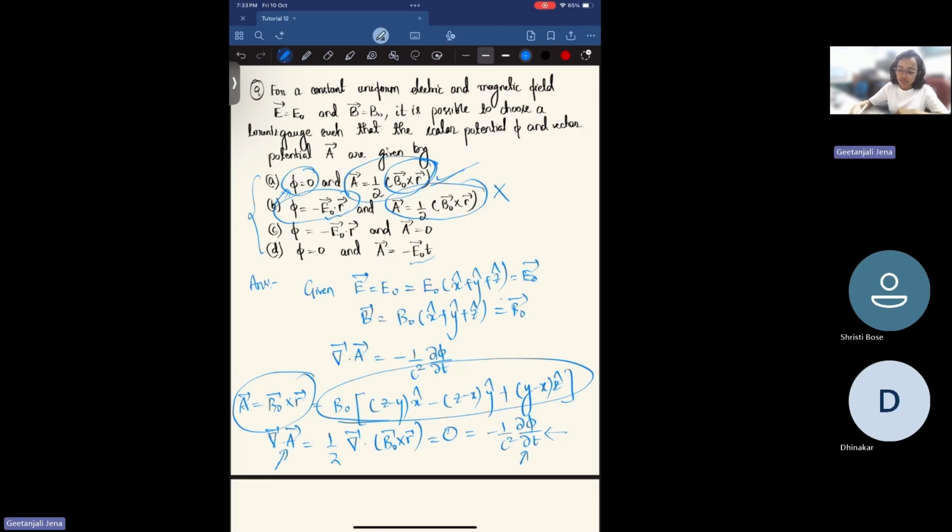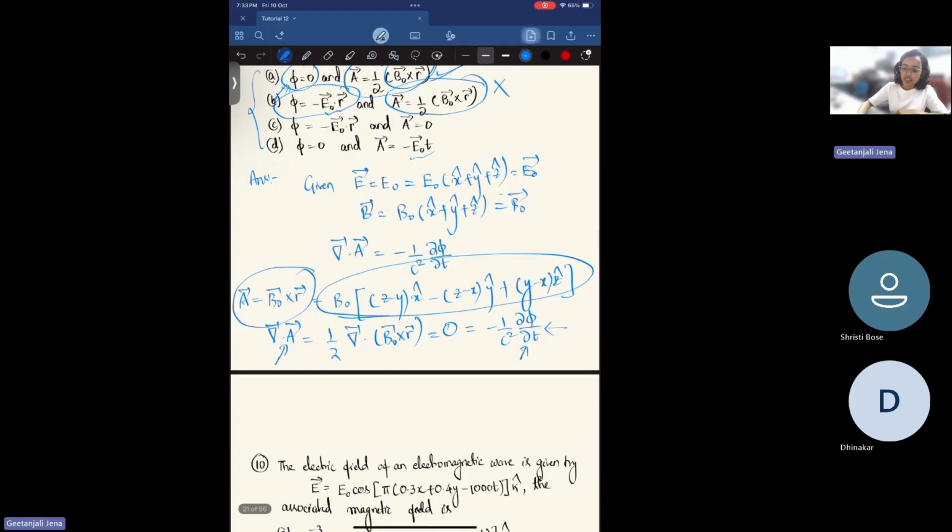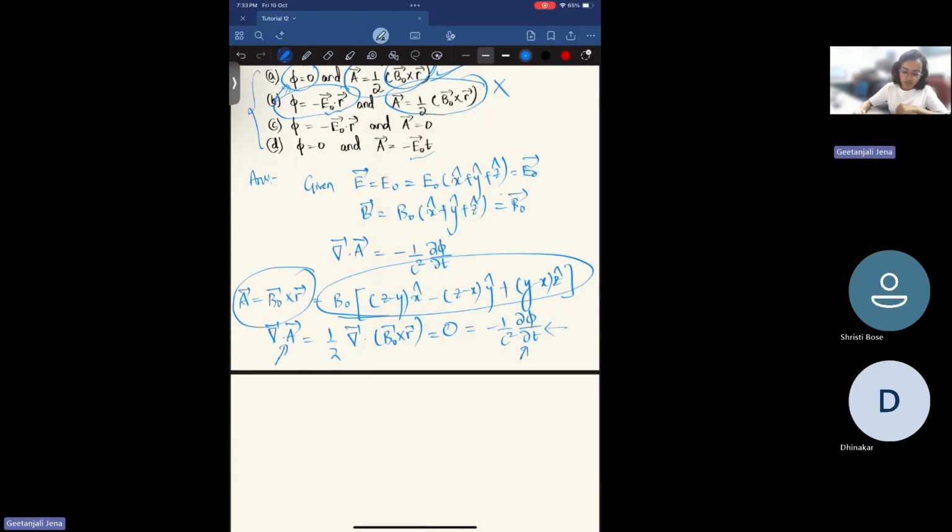For option C, it's given A is 0 and phi is E0 dot R. So let us check it. When A is 0, the divergence of A is 0, so dou phi by dou t should be 0.